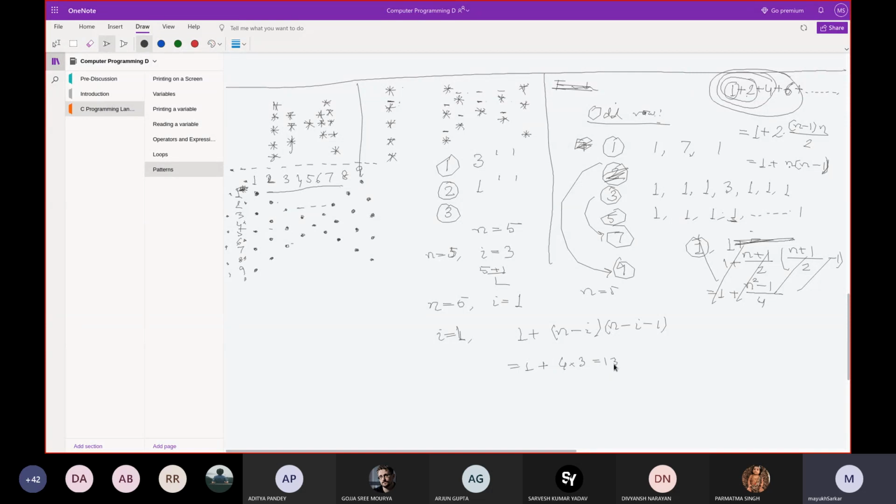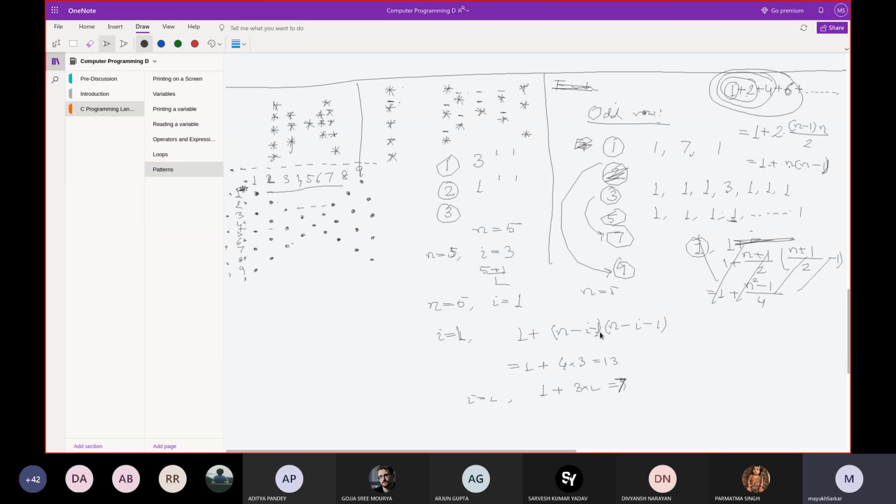This is giving me 13. 1 greater. For 2, it is giving me 1 minus 1 plus 3 into 2, 7. So it is always one step behind.